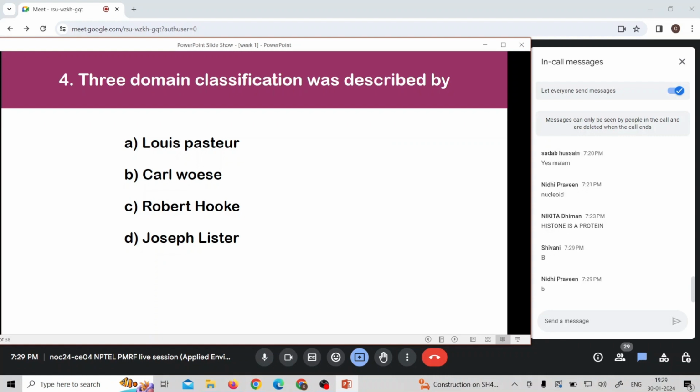Okay, I got two responses which tell B. Right. So as you people have told, it was Carl Woese who described the three domain classification. And can any of you tell me what the three domains described by Carl Woese are?